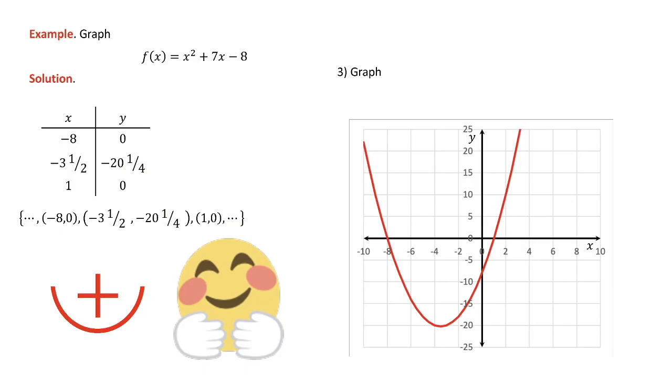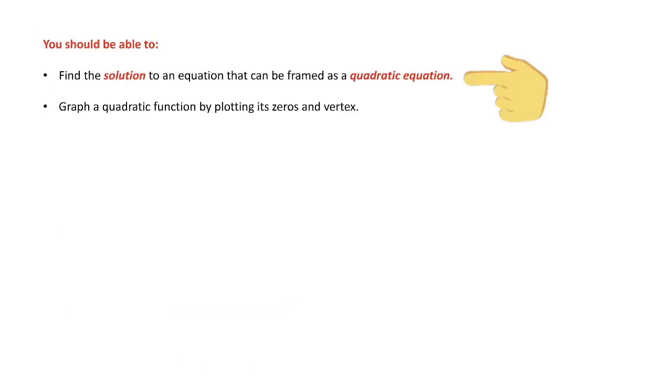When you do these problems, you should be aware of how to check it and what you're doing. So for this section, what's the key idea here? You should be able to find the solution. If you can put the equation in the form of a quadratic equation equals 0, you should be able to solve it. That's the key.